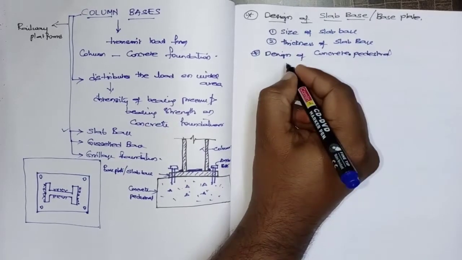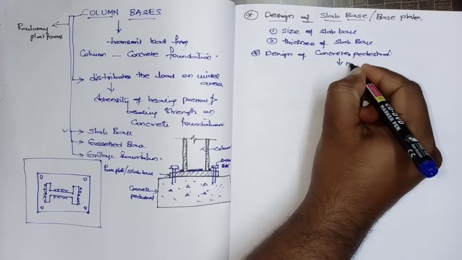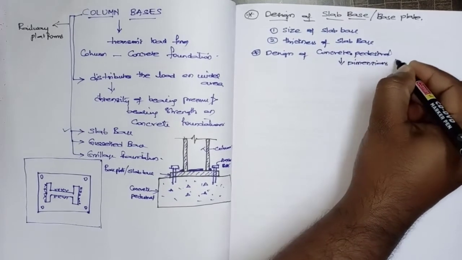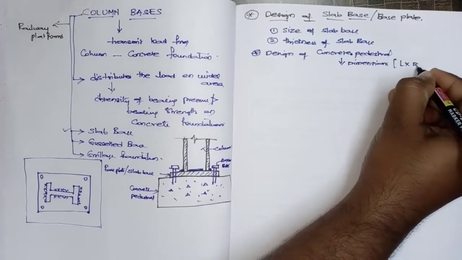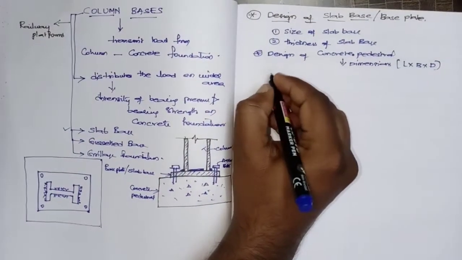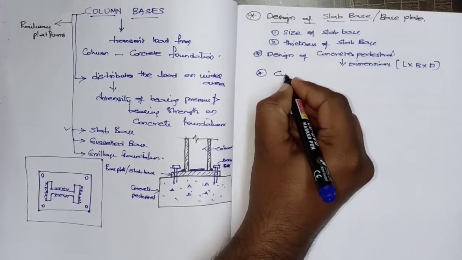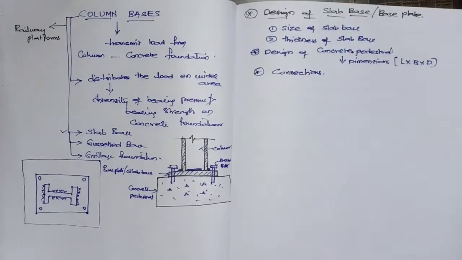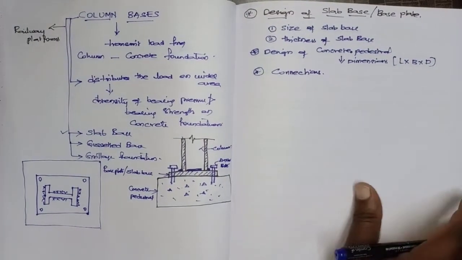Now what it involves? Dimensions, means length, width and depth. And last one is connections. Okay, this is the stepwise procedure.